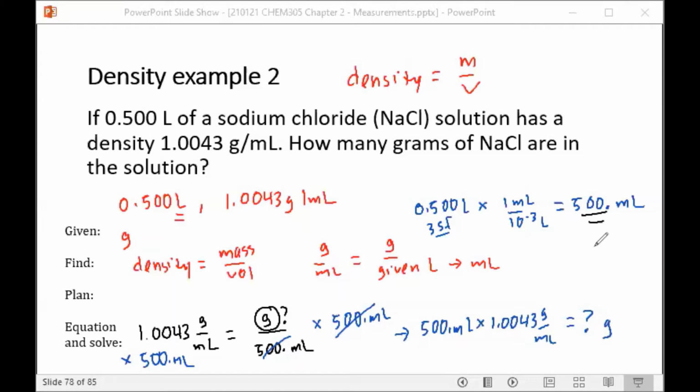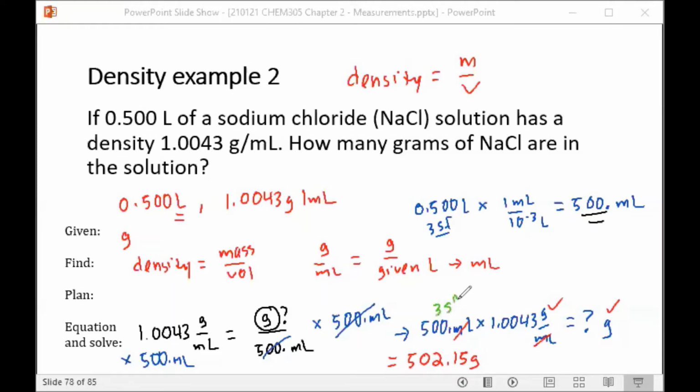And if we check our units, you can see that milliliters and milliliters cancels out. And so we have grams equals grams, which lets us know that we set this up correctly. So once I plug that into my calculator, solving for grams, I get 502.15 grams.